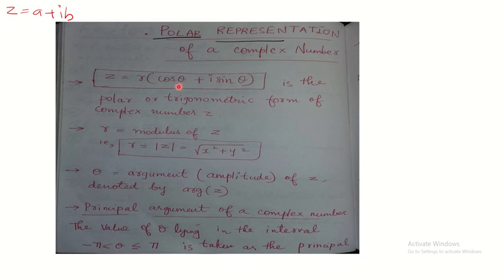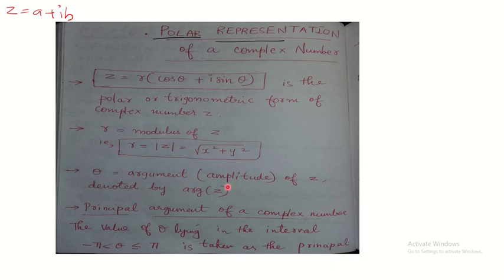So next you have something called theta. You have to find theta also. Then only, if you substitute the value of r and theta in this polar representation, you will get the answer. So what is theta? Theta equal to argument, or inside the bracket, amplitude.